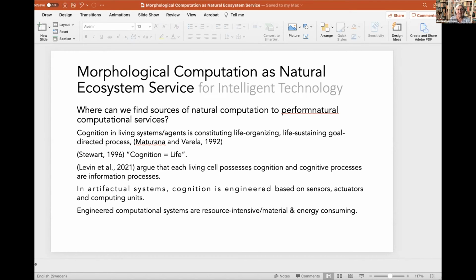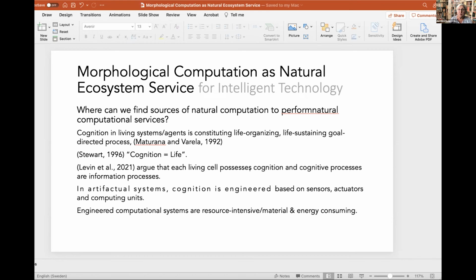And today, Levin and his collaborators are both experimenting and also theorizing about first the cellular, what they call basal cognition, and then the cognition of the swarm of cells or the tissue made of cells, of organs, and so on.